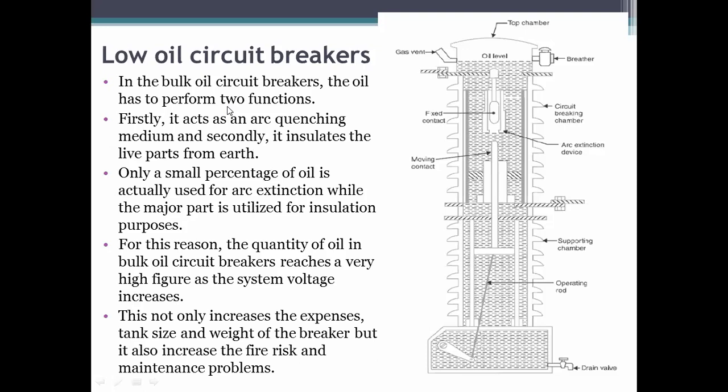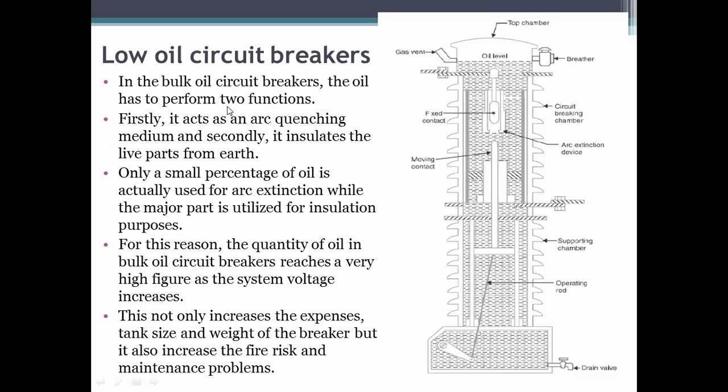We were using oil there in large quantity. The two functions performed were, the first is the arc extinction, right? The first was the arc extinction and second was the insulation. म्हणजे काय करत होतो ऑइल? आर्क एक्सटिंग्विश पण करत होता आणि इन्सुलेशन पण प्रोव्हाइड करत होतो.